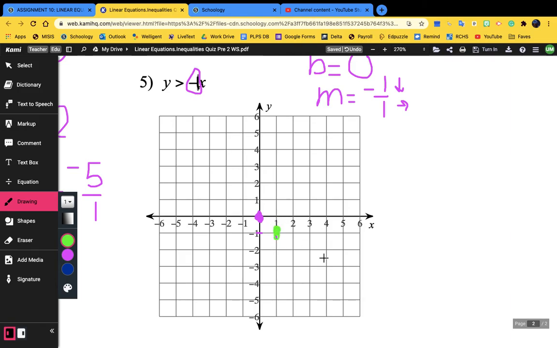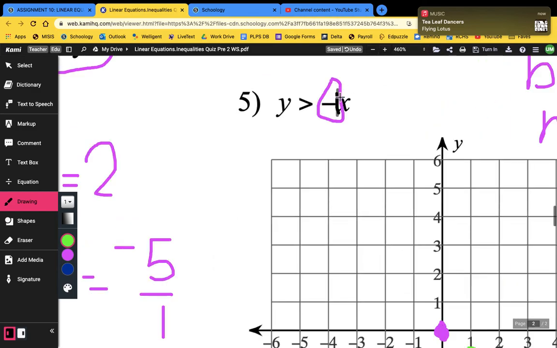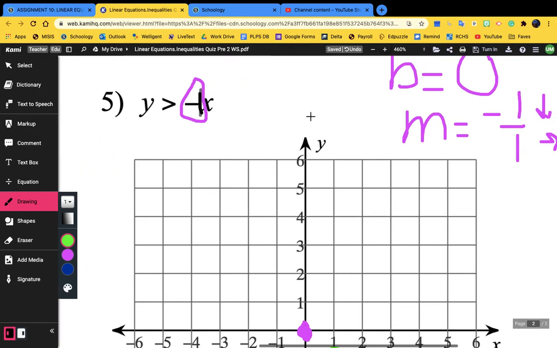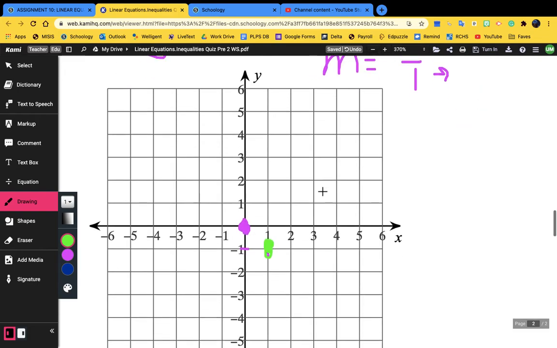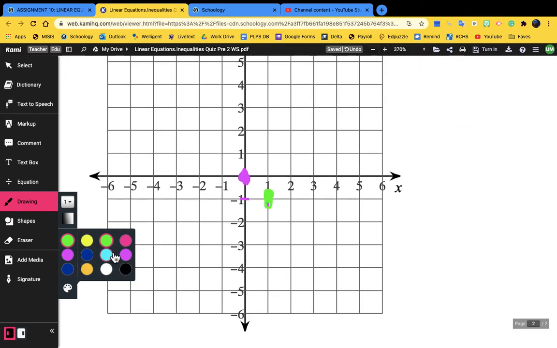Now I got to see whether this is going to be a solid line or a broken line. So I'm going to go over here, and I'm going to notice there is no equal sign under the arrow. So that means that if it's not equal, I got to do a broken line. So look what I'm going to do.